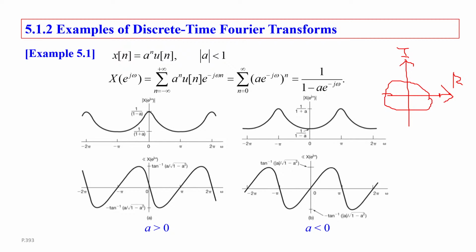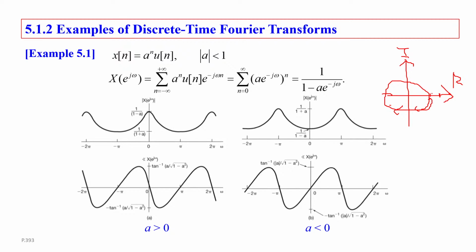So if a is positive, then as omega goes from 0 to 2 pi, it goes around this circle, the whole loop from 0 to 2 pi.